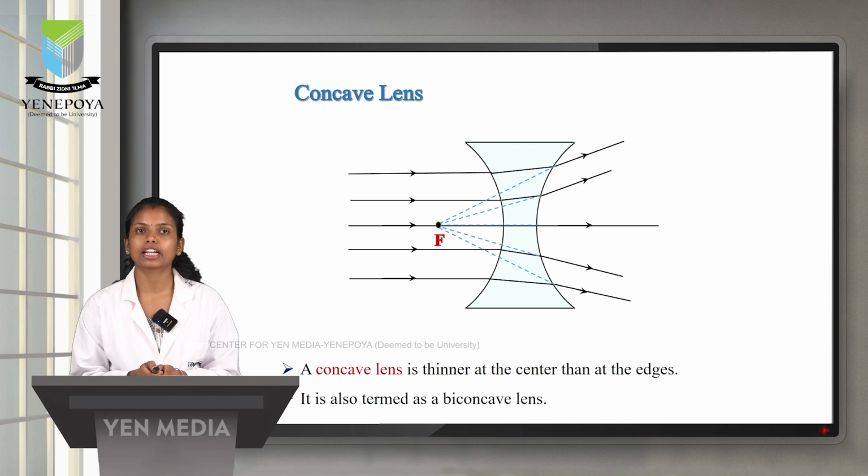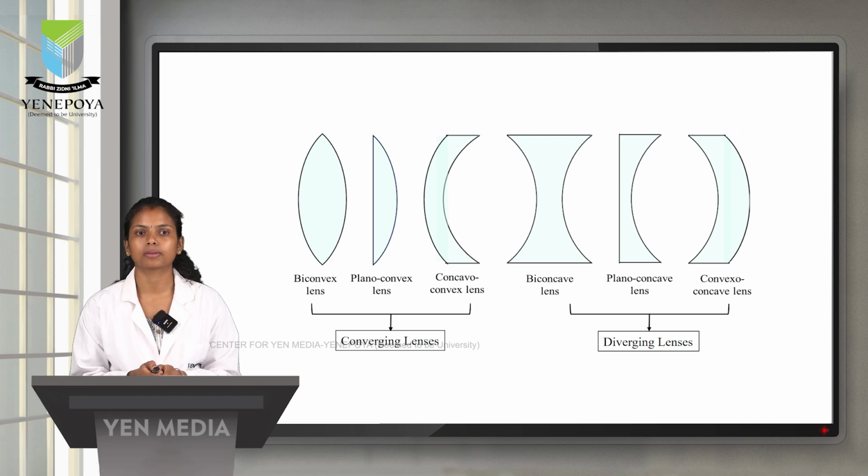Within these two categories of lenses, there are other varieties of simple lenses. Some of the standard forms are shown here. Converging lenses such as biconvex lens, where the bounding surfaces are spherical; plano-convex lens, where one of the bounding surfaces is plane and the other side is convex; concavo-convex lens, where the first bounding surface is concave and the second is of convex type.